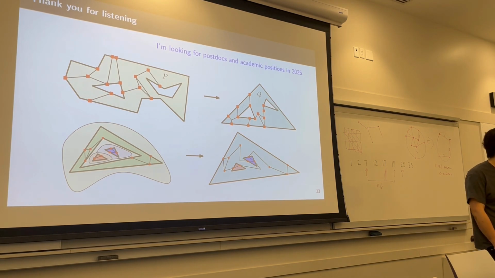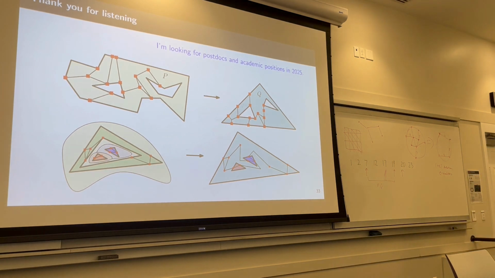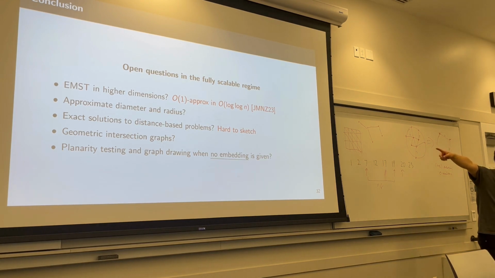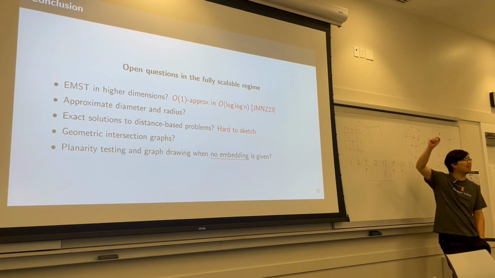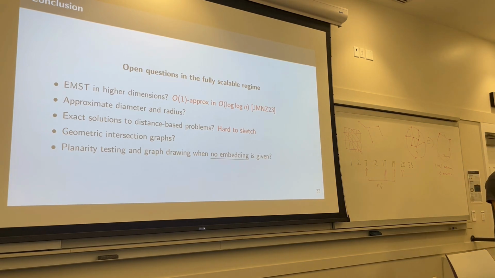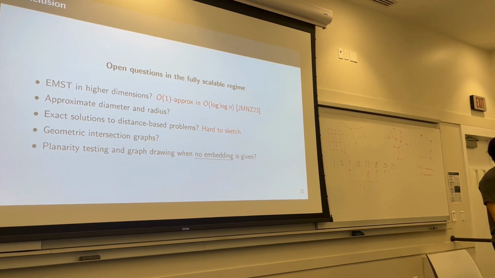A couple of slides ago, you said something about higher dimensions. I don't understand how 3 dimensions would make sense. I'm asking about Euclidean MST. If you're given a set of points in 3 dimensions, what is the minimum spanning tree there? Okay, and that helps because every graph can be drawn in 3 dimensions.